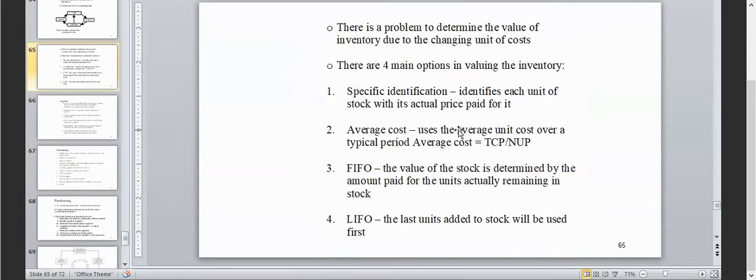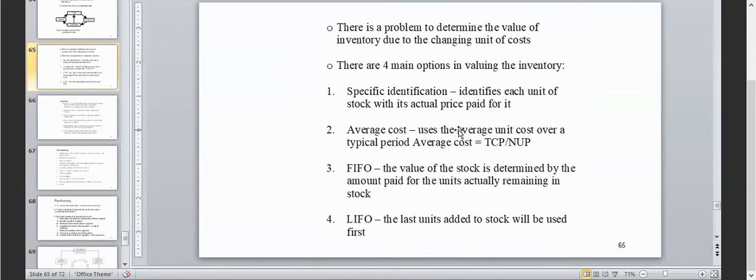Also we have average cost, which uses the average unit cost over a typical period. And we have FIFO, where the value of the stock is determined by the amount paid for the units actually remaining in the stock. What is first in the stock will be used first.